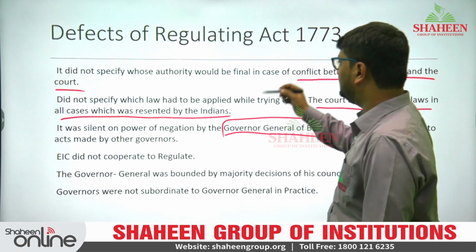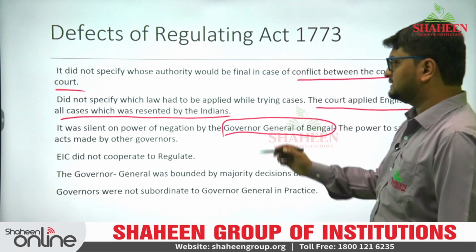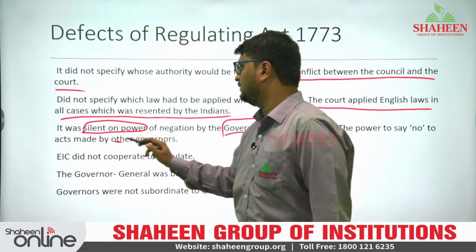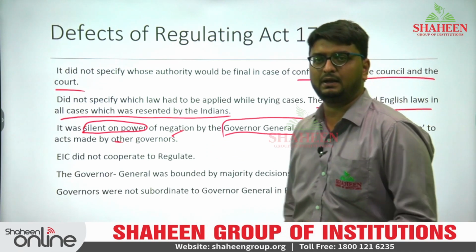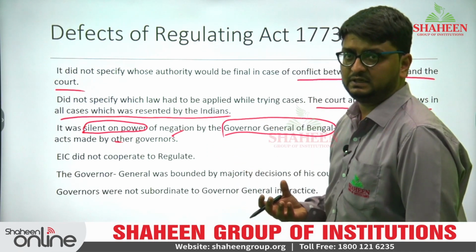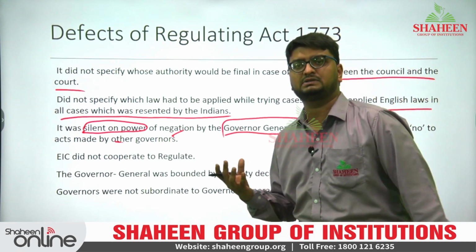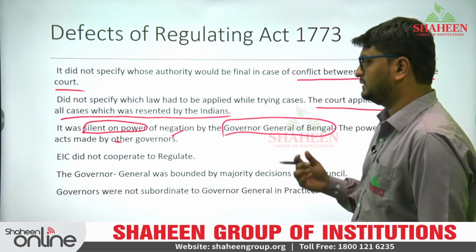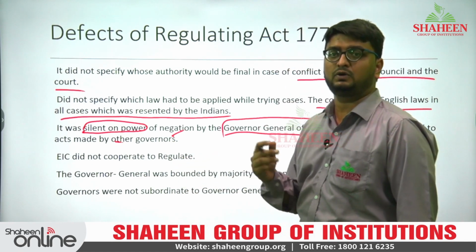Centralization happens, but the Act was silent on the power of negation. For example, if the Governor of Bombay and the Governor of Madras did something, then the Governor General of Bengal could not say no to their acts, because the Act was not mentioning clearly what to do in this case.